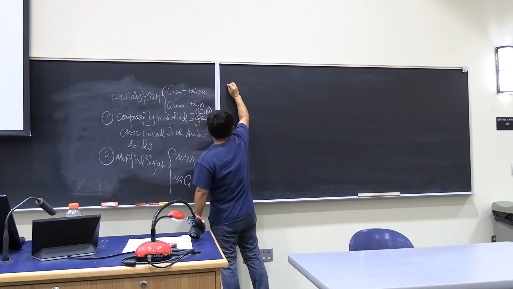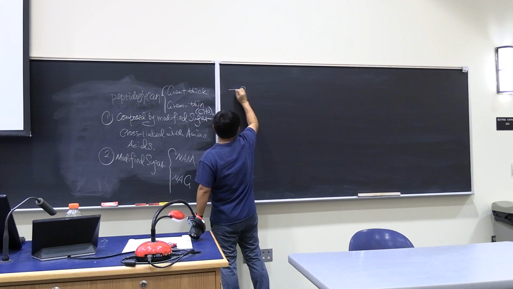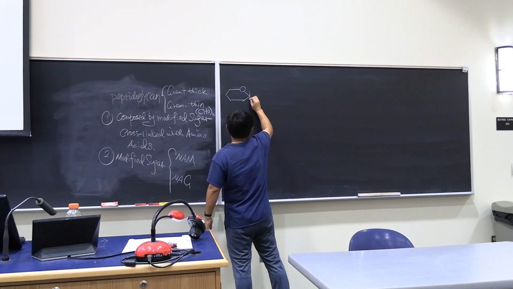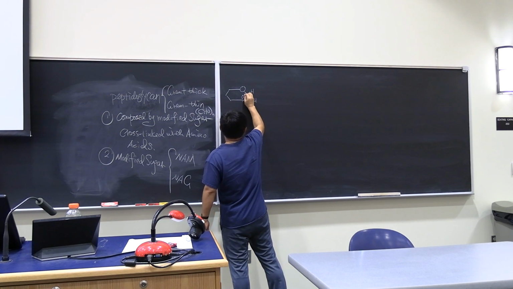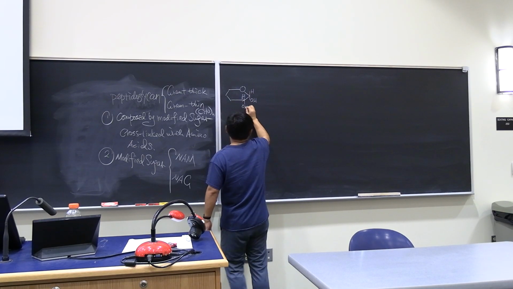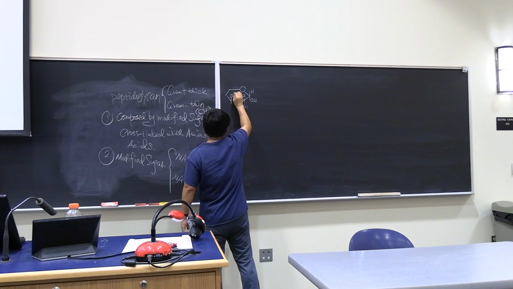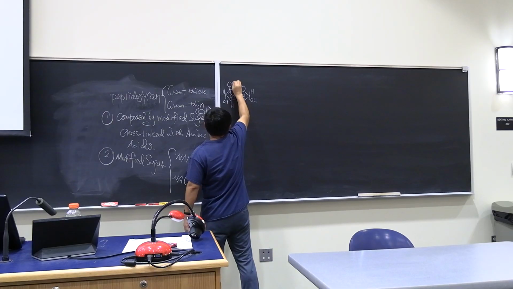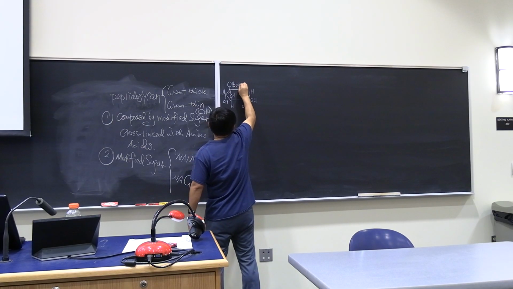So you have a glucose, and this is something everybody pretty much knows. So glucose: H, OH, then OH, H, OH, H, H, CH2OH.